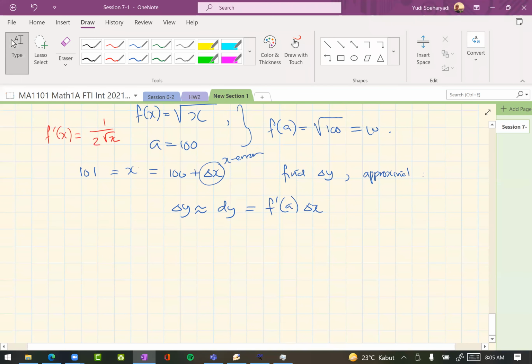Plugging in a equals 100, you get 1/20 times delta x, which is just 1.